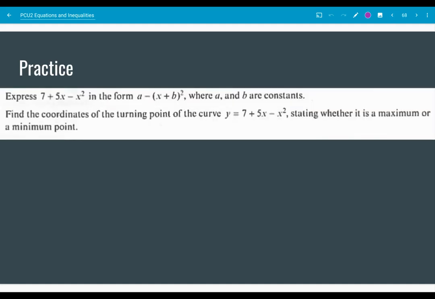So let's try this first one. It says express negative x squared plus 5x plus 7 in vertex form. So you put it in vertex form. So a is -1. You're going to get a equal to +1. So you've got to factor out the -1.